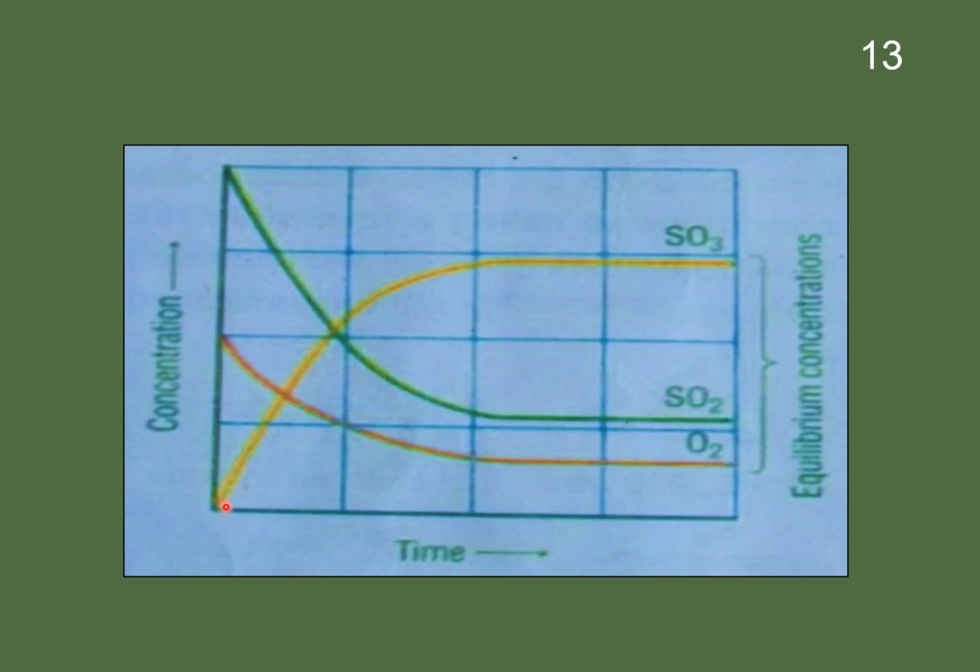With the passage of time, the concentration of the reactants sulfur dioxide and oxygen decreases, and the concentration of sulfur trioxide, which is the product, increases. The time reaches when the rates of forward and reverse reaction become equal, and this state is called the equilibrium state.